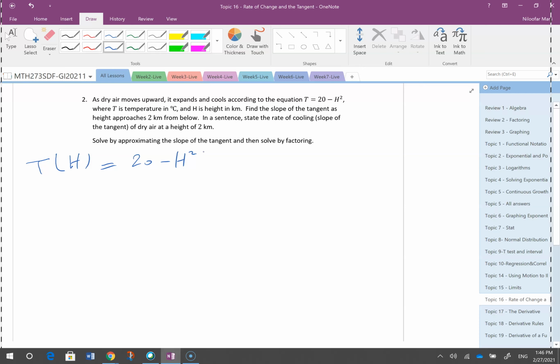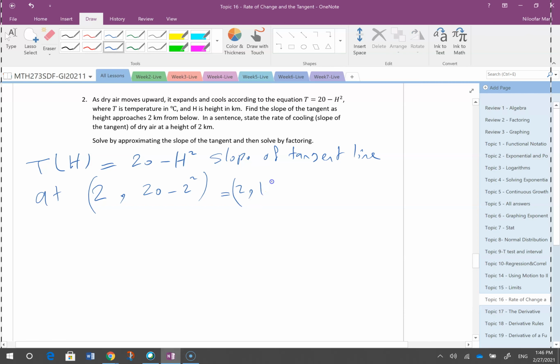That means we want the slope of the tangent line at 2 and 20 minus 2 squared, which is y. That's the point 2 and 16.